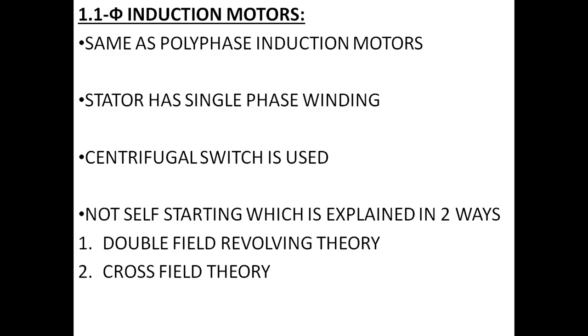You have to give the initial start by hand with high torque, because low torque cannot accelerate the motor. This peculiar behavior of the motor is explained in two ways. The first is the double field revolving theory and the second is the cross field revolving theory. You will see these two theories in the next classes.